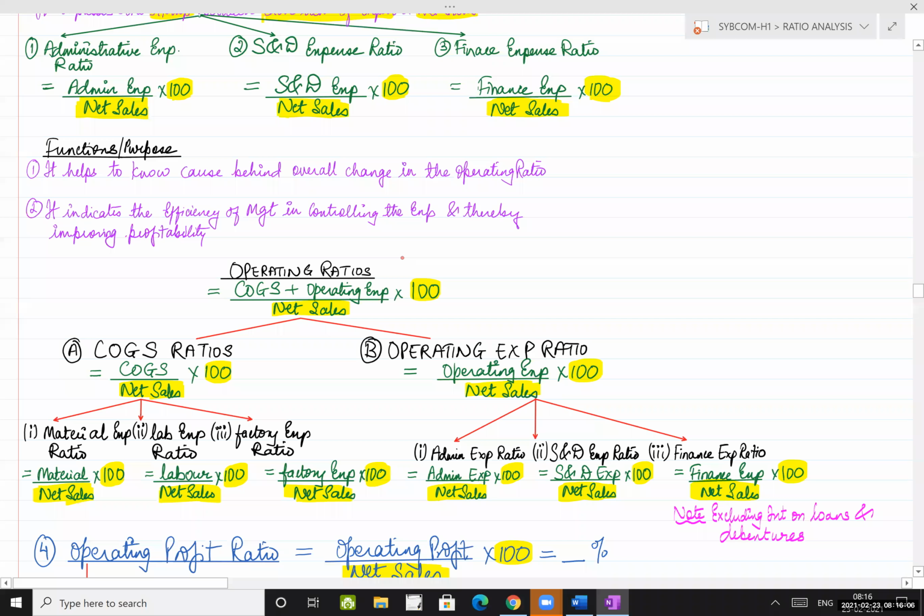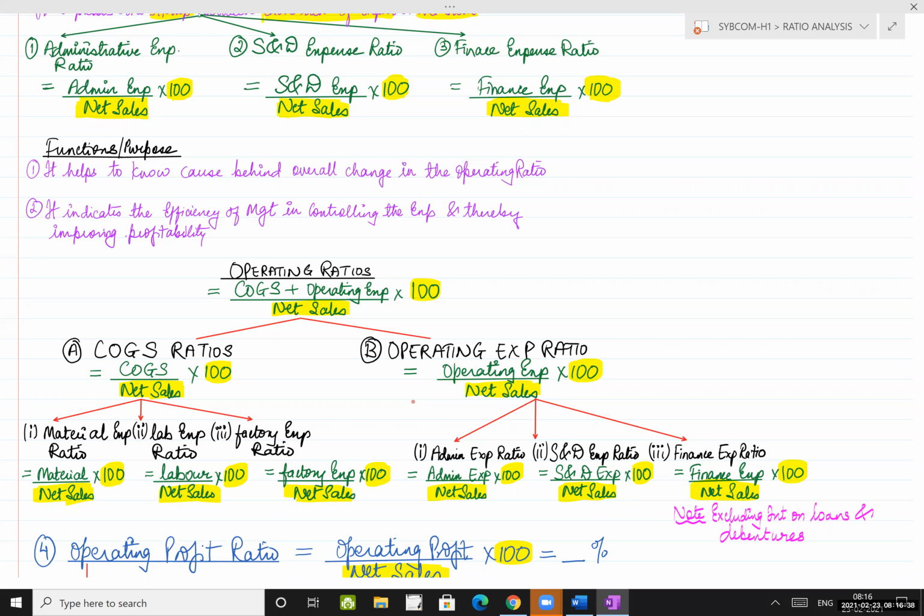Then COGS ratio, if you are separately asked in exam how to calculate COGS ratio, it is COGS upon net sales into 100. If you are asked in exam to calculate operating expense ratio, then it will be operating expense upon net sales into 100. Then you have to calculate individually all the operating expenses: admin expense upon net sales into 100, selling and distribution expense upon net sales into 100, finance expense upon net sales into 100.